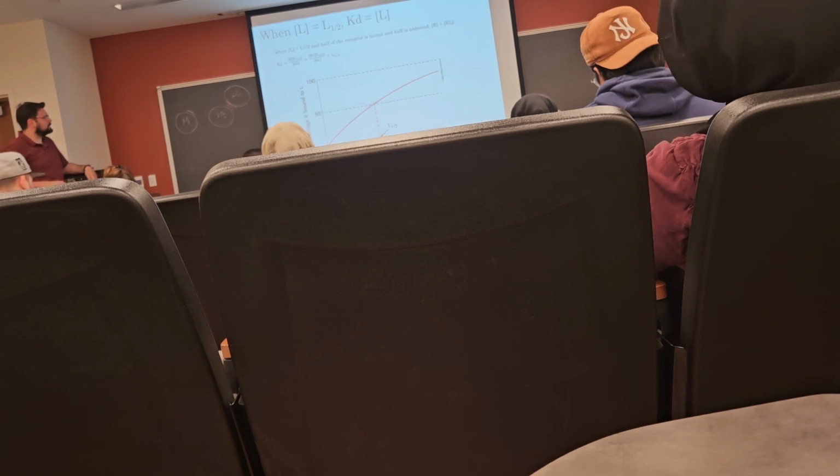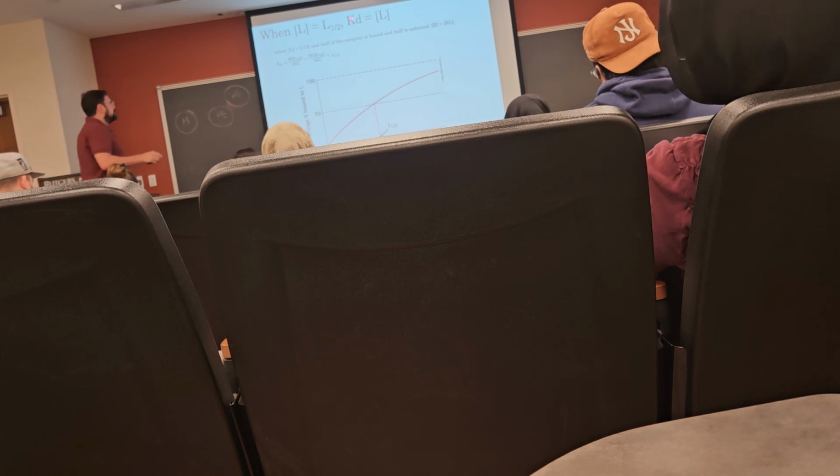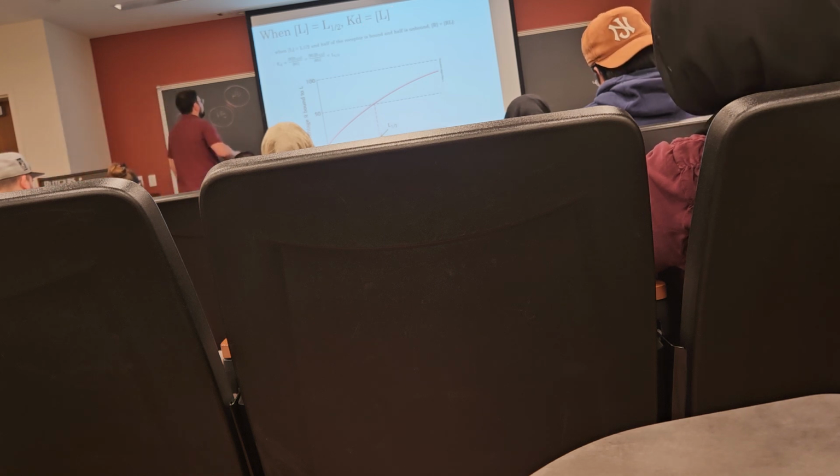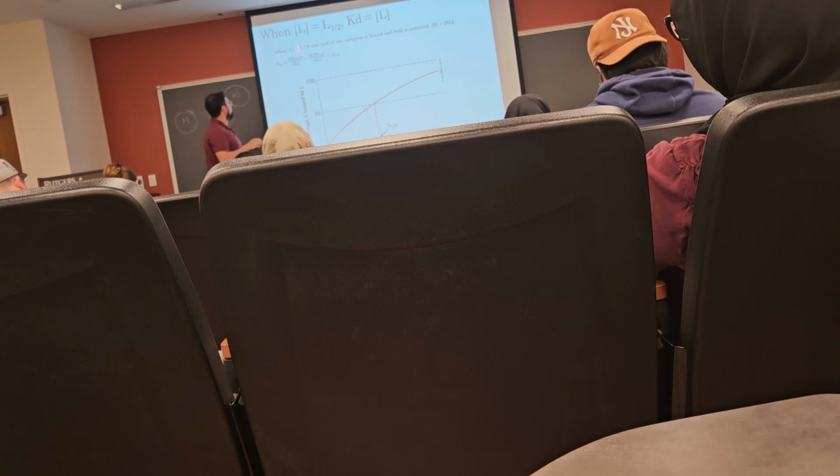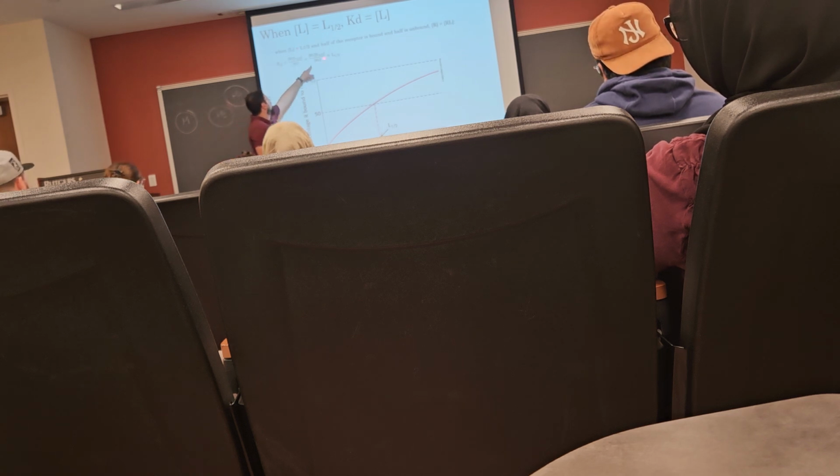So in effect, Kd is L50, right? Why is that? Well, Kd again equals R times L over RL, right? So if we say that L equals L half, what we end up with is RL times L half divided by RL, which gets us L half, right?